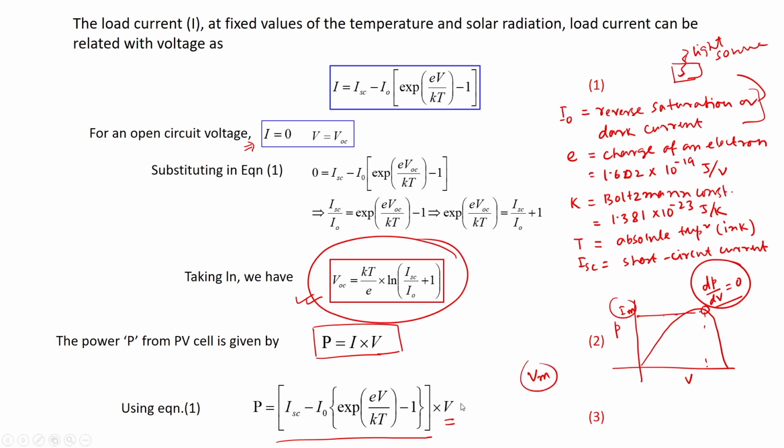So, once we know Vm and Im, then we can calculate what is P max, okay, and also we can calculate the other parameters. So, now let us write down the expression without deriving all the steps. Since dP by dV is 0, we can differentiate the power expression.